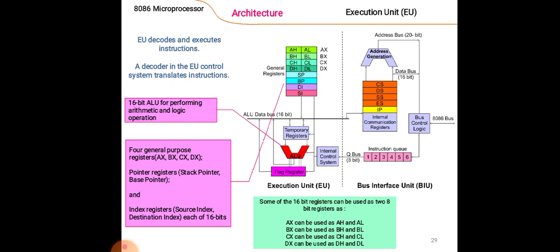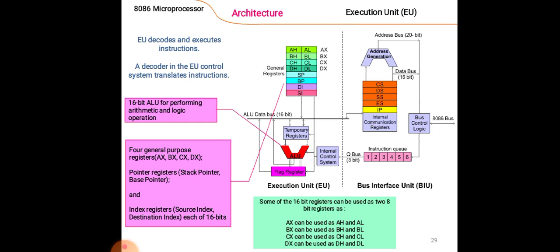Then the AX register is the combination of AH and AL. So AH and AL can be used as 8-bit registers individually. That means AH is an 8-bit register and AL is also an 8-bit register, and the combination of these two is AX, which is a 16-bit register.